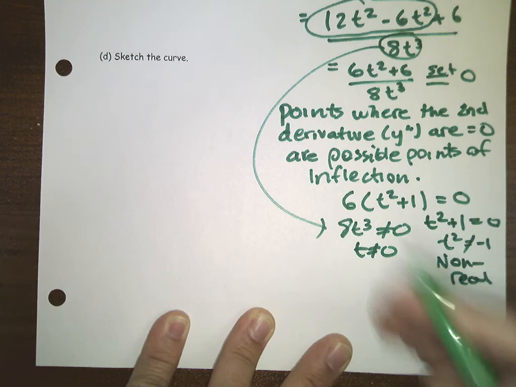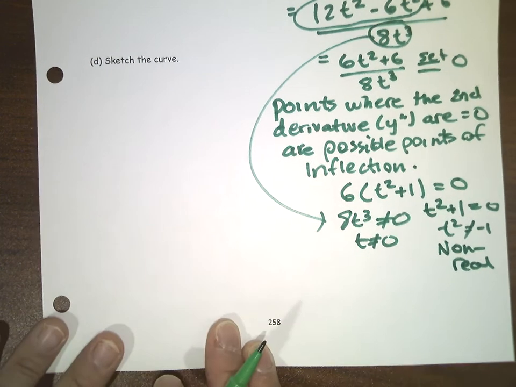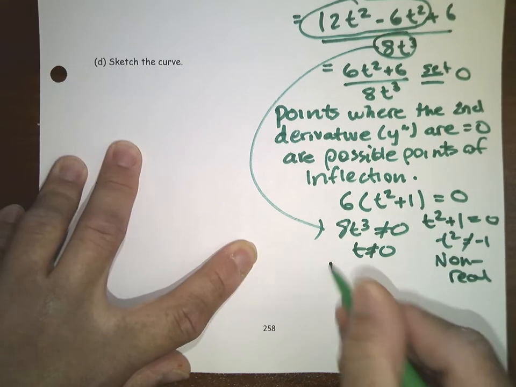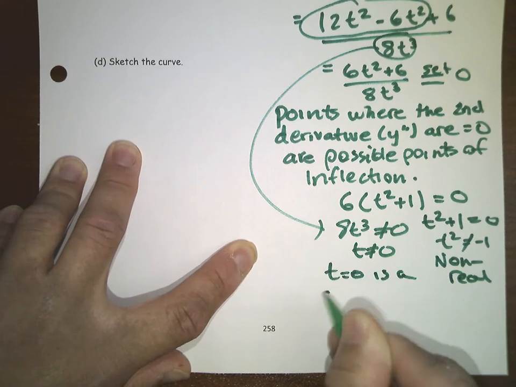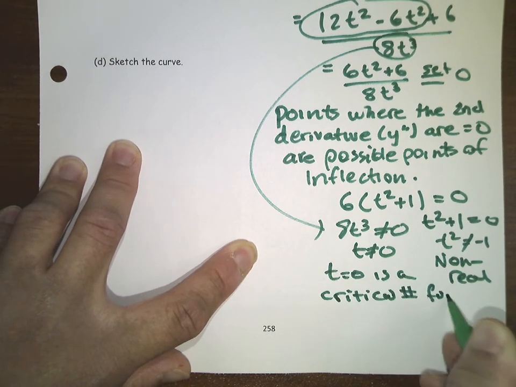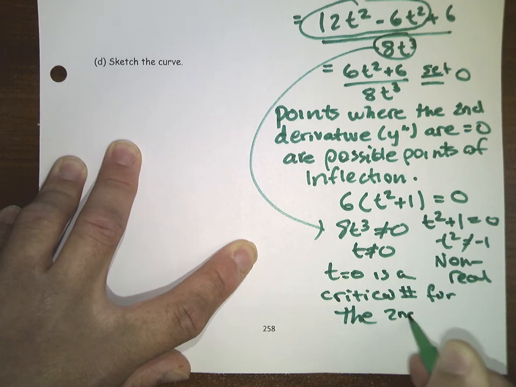So the only critical number for the second derivative is t equals 0.